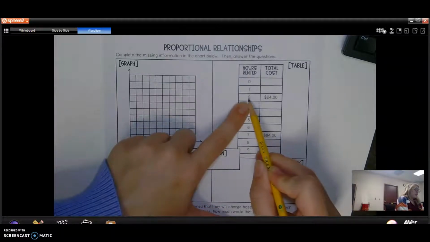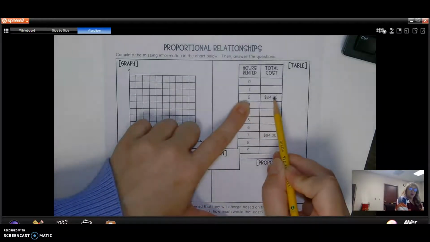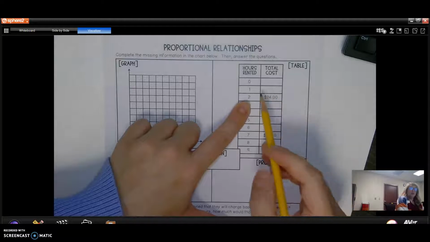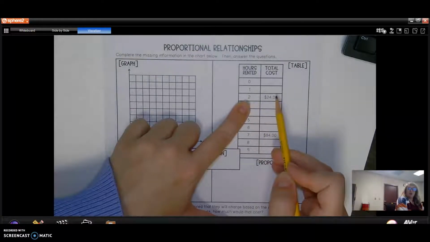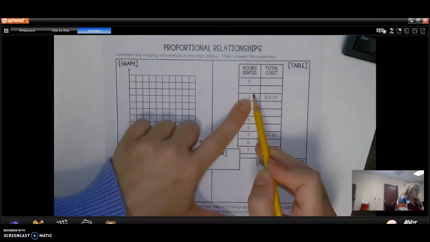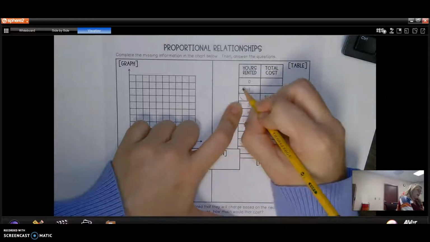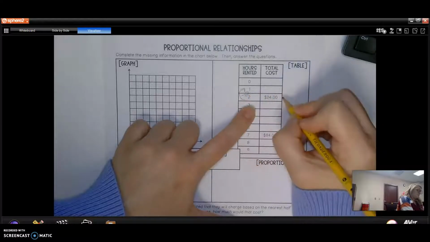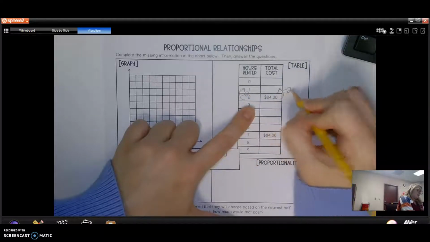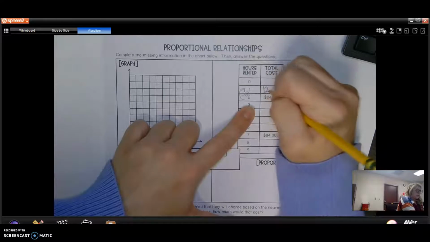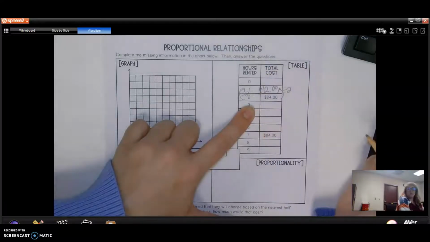So I know that 2 hours is $24, okay? Whatever we're renting costs $24 to rent. So that would tell me that if I go from 2 to 1, I would divide by 2. So if I do the same thing here, 1 hour would cost me $12.